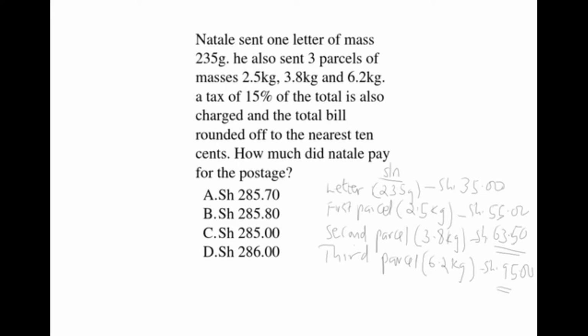So to get the total bill, we add up. We are going to take 35 shillings, 55 shillings, 63 shillings 50 cents, and 95 shillings.